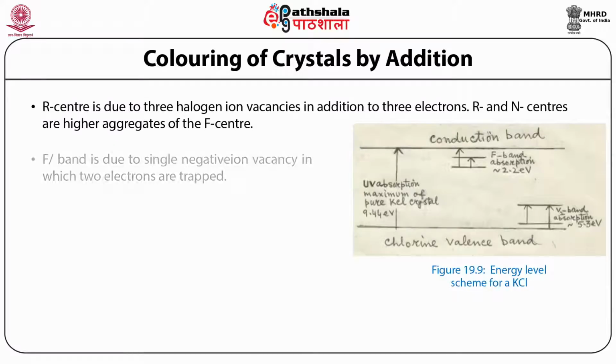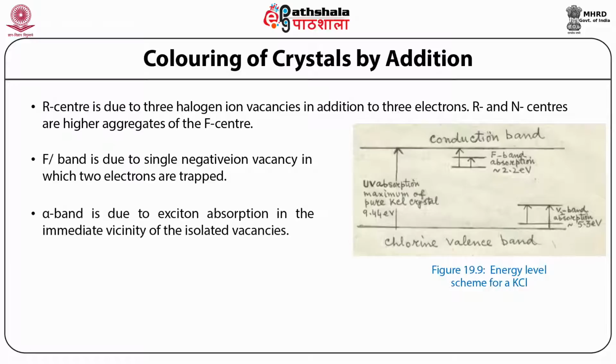Number 5. F band is due to a single negative ion vacancy in which an electron is trapped. Number 6. Alpha band is due to exciton absorption in the immediate vicinity of the isolated vacancies. Number 7.